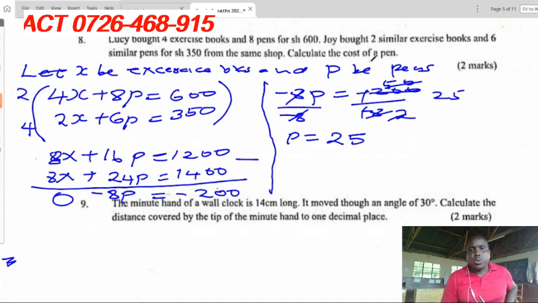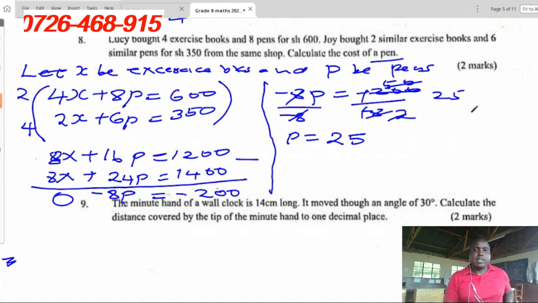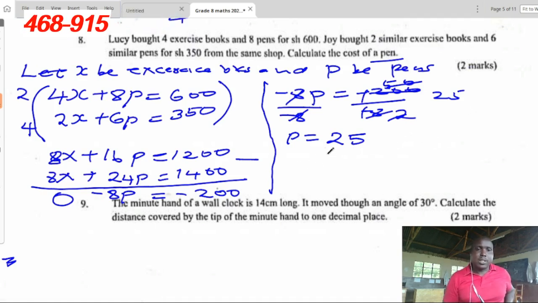So the question was asking for the pen only, but if you are asked for the exercise book, you bring the value of P and substitute in one of the equations. Someday you will be asked to calculate the cost of the exercise book.